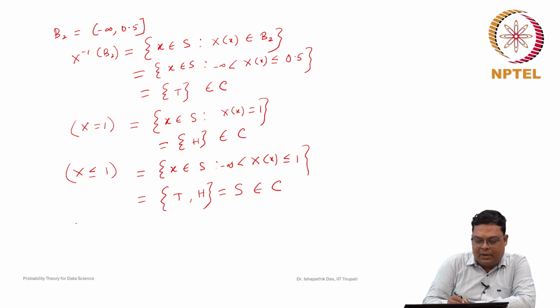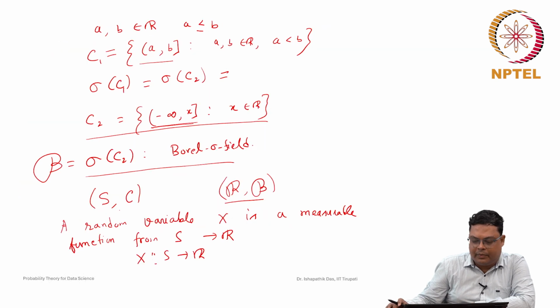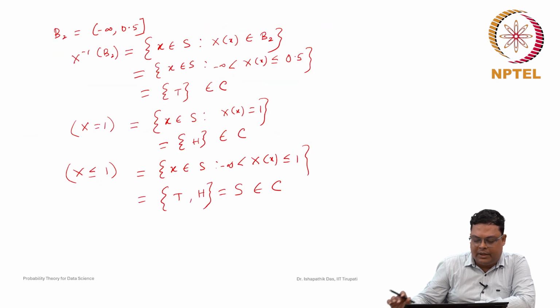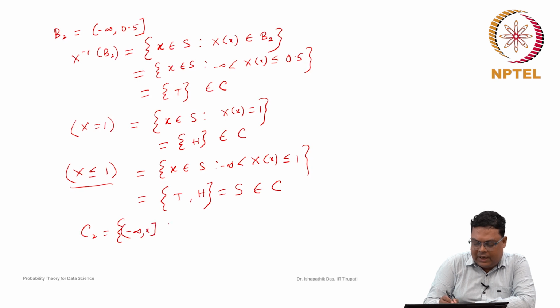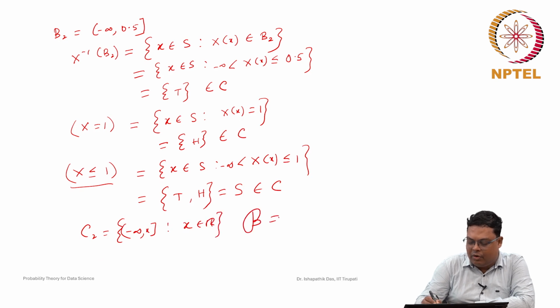So basically this collection that we took, here it is C2, and it looks like this. If you consider C2, it is nothing but all minus infinity to x such that x belongs to the real numbers, and the Borel sigma field is, as we just mentioned, the sigma field generated by C2.